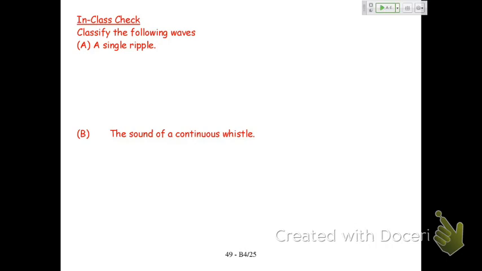It would be a transverse wave pulse, yeah? So it's a transverse pulse. Sound of a continuous whistle. I can't whistle. It's going to be a longitudinal wave train, yeah. Okay, and so on.